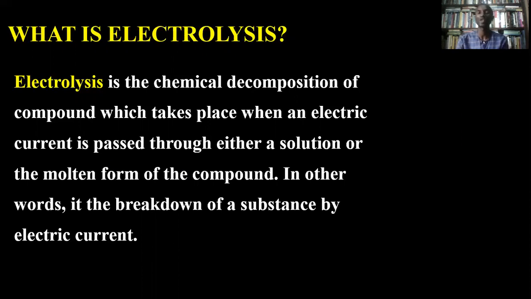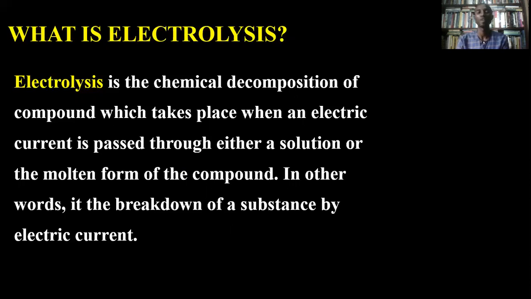Electrolysis is the decomposition of the compound inside, the content inside, when electric current is passed through it, in solution or in aqueous form. Aqueous form means that it will not be in solid state. It must be in solution or in aqueous form. That is what we call electrolysis.